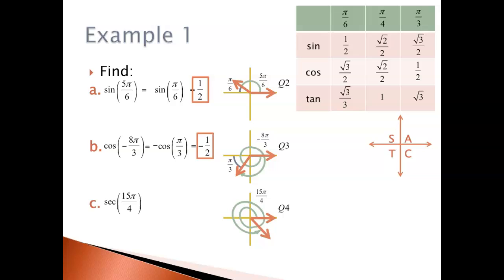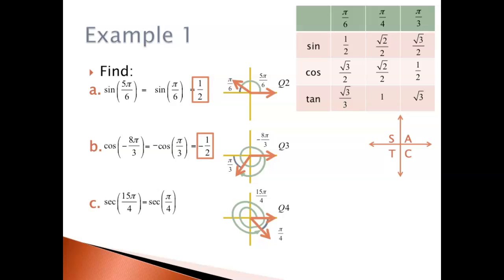In quadrant 4, we know, all students take calculus, C, cosine is the only thing that's positive, cosine and its reciprocal. Now we are working with secant, which is the reciprocal of cosine. All right, and now the reference angle, this angle right here, that is pi over 4. And so secant of 15 pi over 4 is the same as secant of pi over 4.